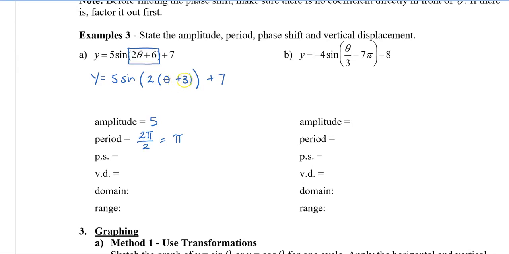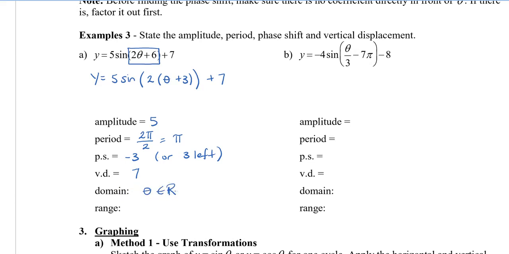Our phase shift is plus 3. So we're actually going to move negative 3, meaning we're going to move to the left. So we can say 3 left. Our vertical displacement is going to be 7, and that will be 7 up. And then our domain, like always, is always real numbers.